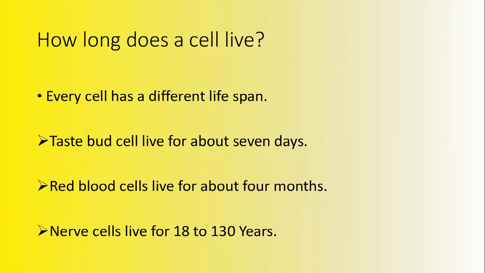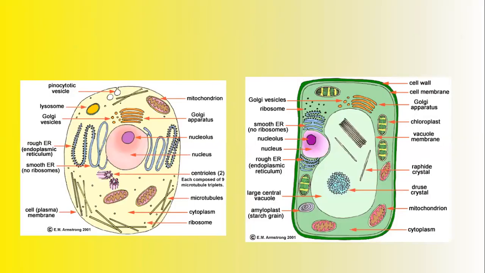And nerve cells live for 18 to 130 years. So the lifespan of every cell is different. The cells which give you information about taste have a lifespan of 7 days. Red blood cells live for about 4 months. Nerve cells live for 18 to 130 years. So the lifespan of a nerve cell is longer.